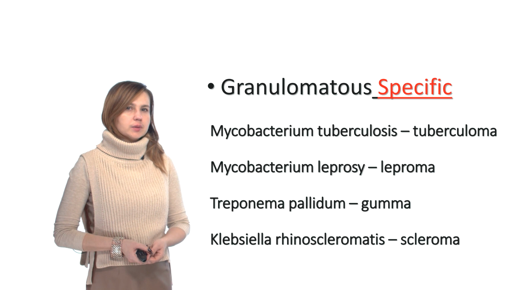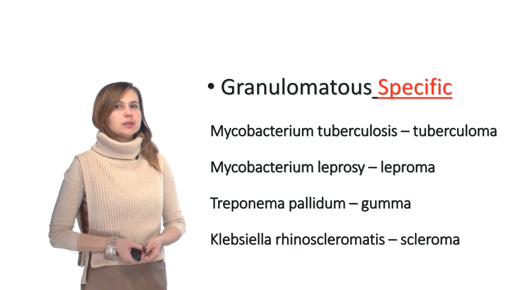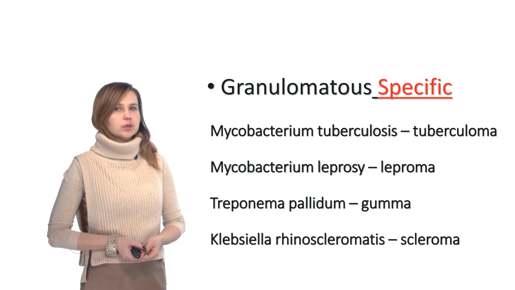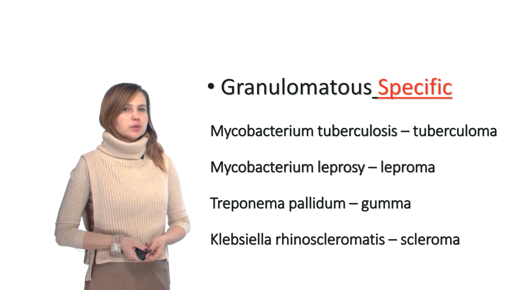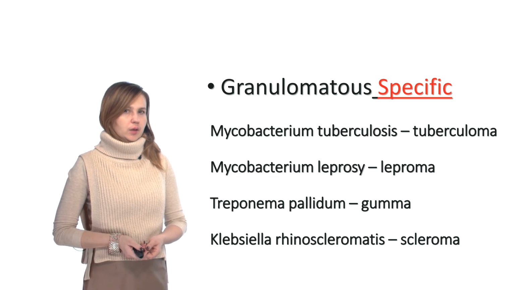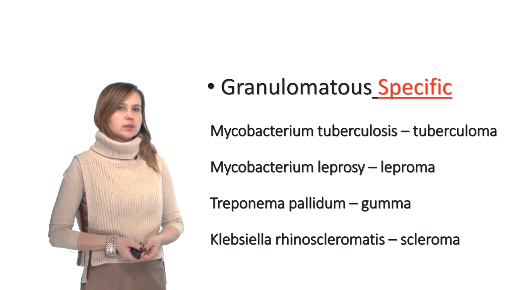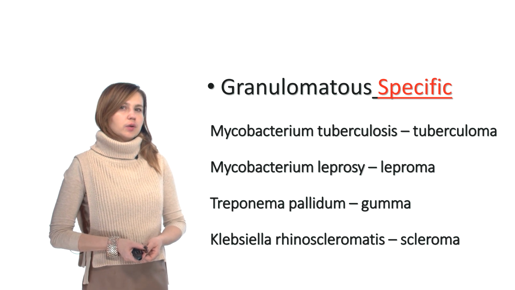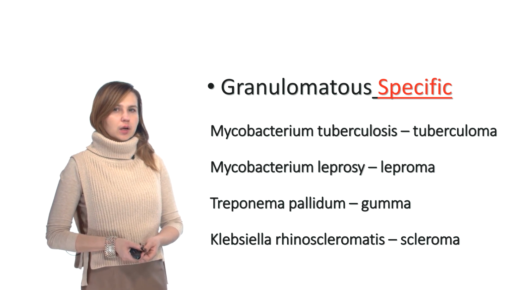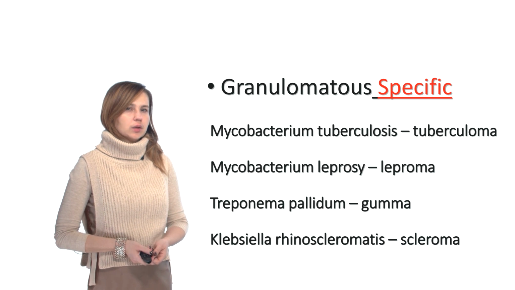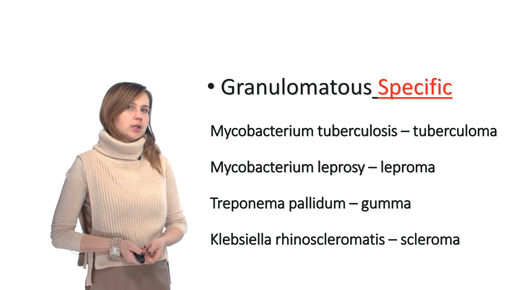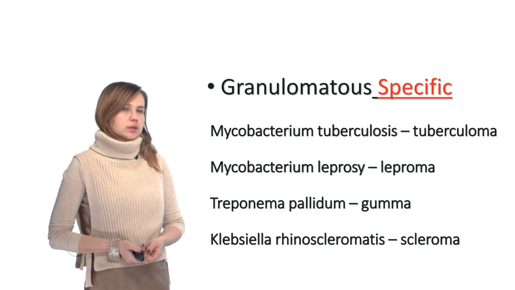All 4 types of granulomas occur in diseases that have a chronic undulating course, with periods of exacerbation and remission. Morphological specificity is relative. Therefore, it's necessary to take into account the results of clinical, bacteriological, immunohistochemical, serological, and other studies.